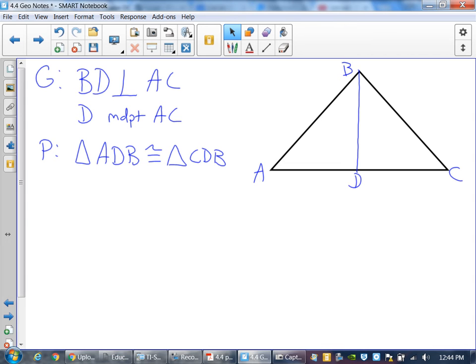Try this. Take a second and write that down. Draw the diagram.